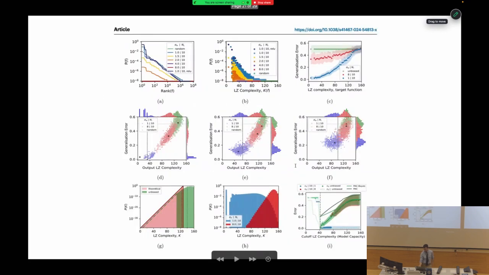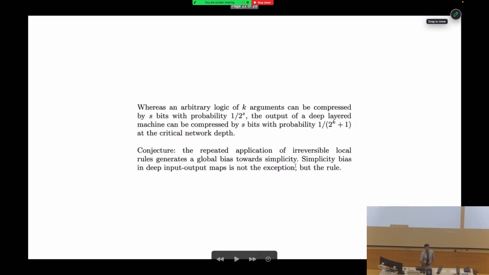Well, what I think is going on here is three things. I mentioned two of them here, and I'll describe the other one. I like to think of learning as an input-output map with a constraint on the output.